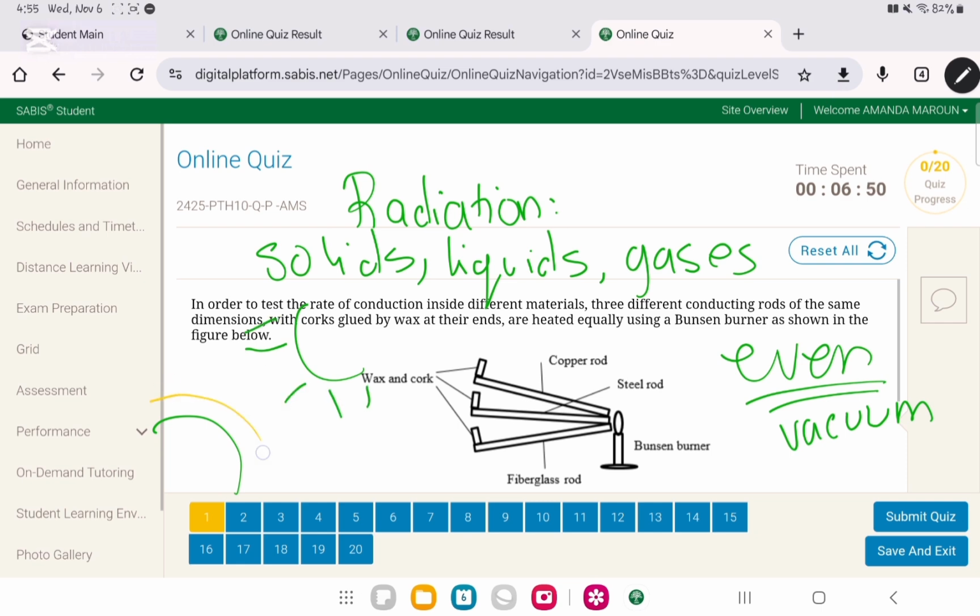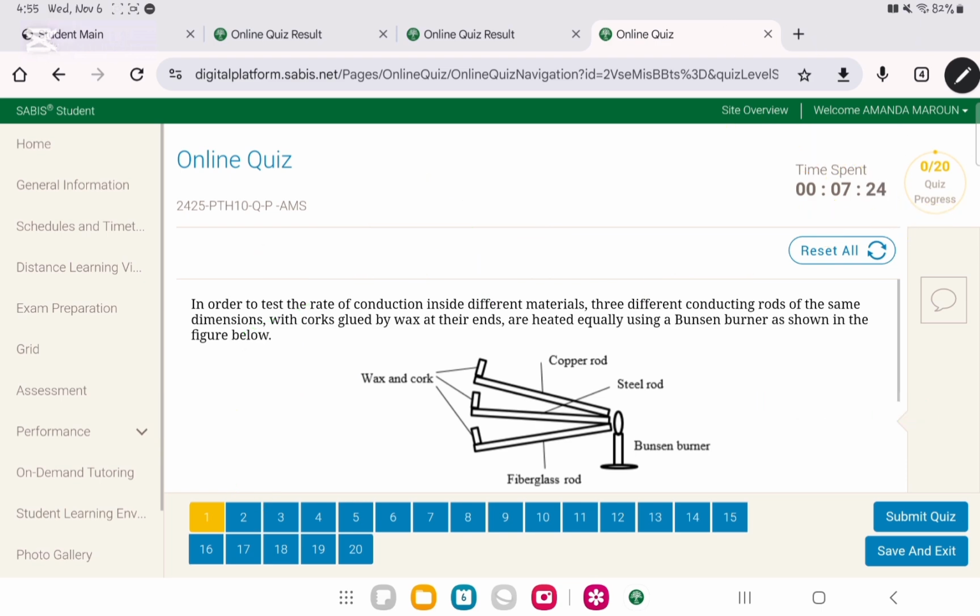Between the sun and the atmospheric layer, there is a vacuum, and this is how the rays of the sun travel. They travel in the vacuum by radiation. Also, you can say radiation is anything that emits light plus heat. So these are the 3 types of heating.